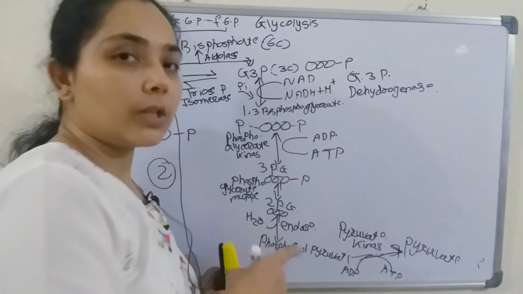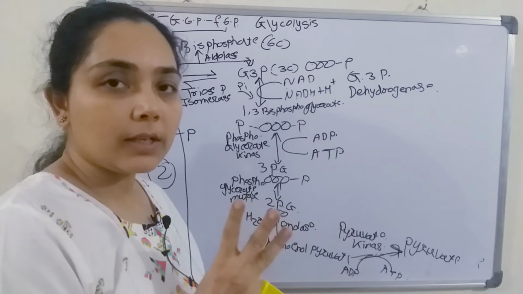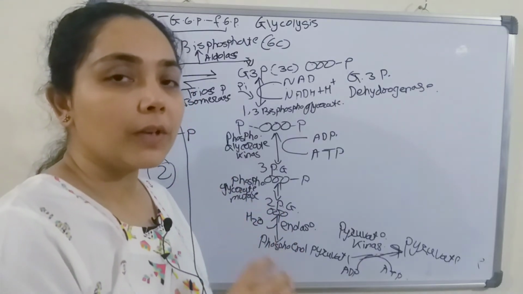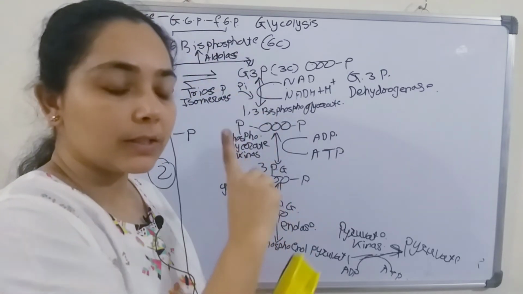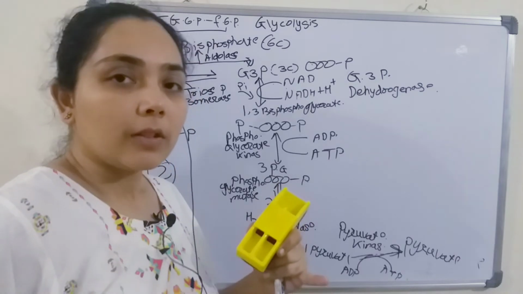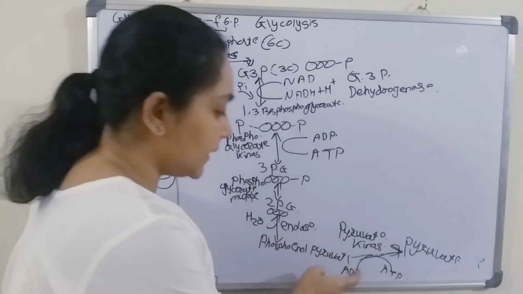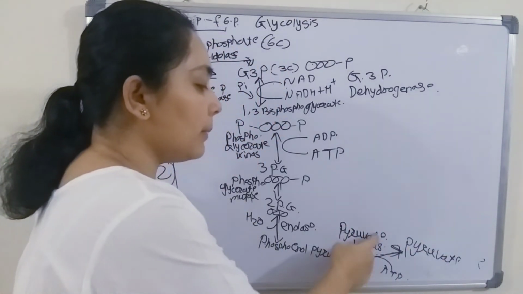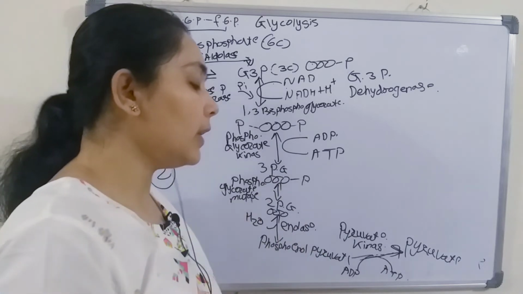As I already mentioned in my previous lecture, in the glycolysis process 3 steps are irreversible, and those steps are very important in terms of glycolysis regulation. The first 2 steps we mentioned in my previous lectures: the conversion of glucose to glucose 6-phosphate and fructose 6-phosphate to fructose 1,6-bisphosphate. And the third one is here, where phosphoenolpyruvate is converted to pyruvate, and the enzyme involved is pyruvate kinase.